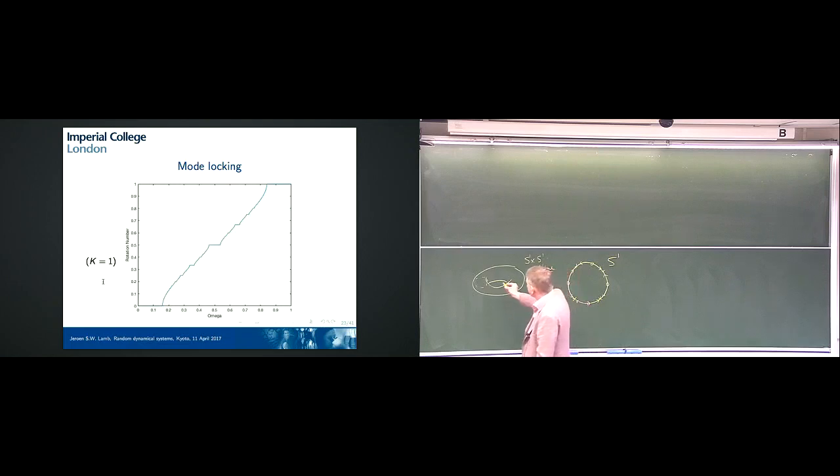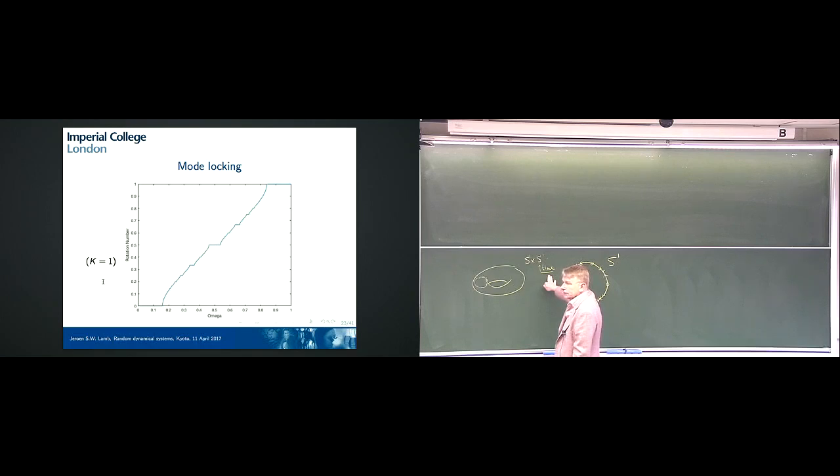I take the Poincaré section and look at the return map. The return map will be some kind of homeomorphism or diffeomorphism, so I get rid of time by looking at discrete time. If I have a periodic orbit here, it means my oscillator will resonate in frequency with the driving of the system.